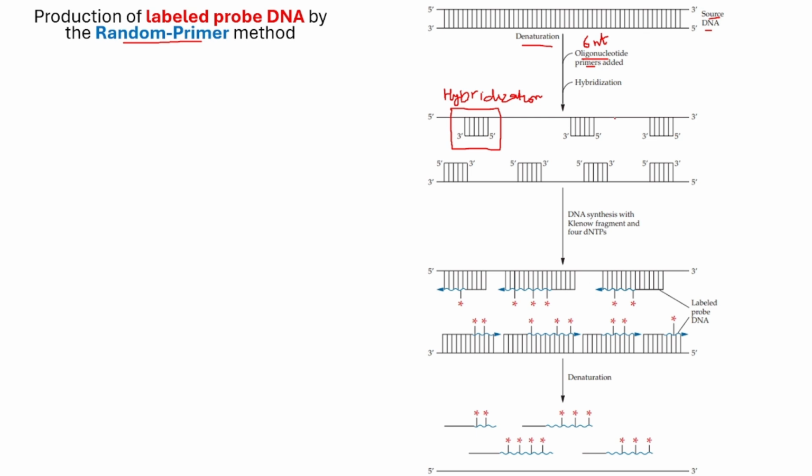Suppose you give the mixture 100 different oligonucleotides with all possible combinations of 6 nucleotides each. It may so happen that out of the 100, maybe 20 or 30 combinations have hybridized.